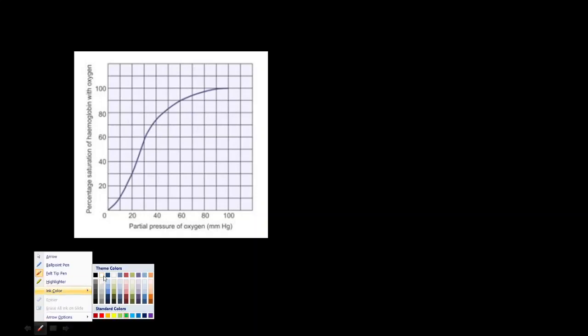Now, by using all these, we will find out, in what particular situation, how much oxygen can be delivered to tissues and how much will remain in our blood. Let us understand that part now. So let me take the very first coordinate here, where our hemoglobin is 100% saturated with oxygen.